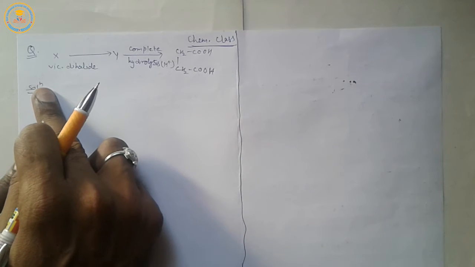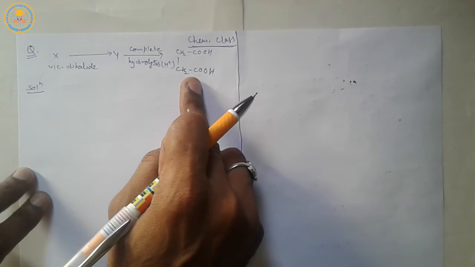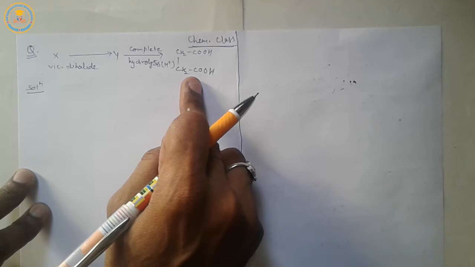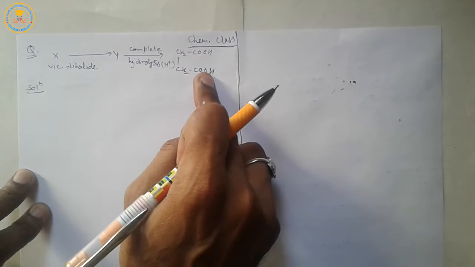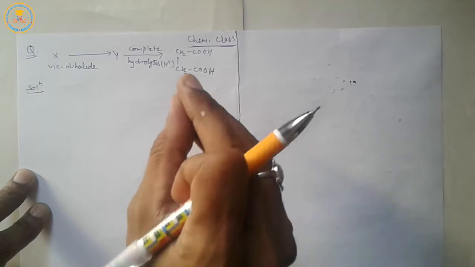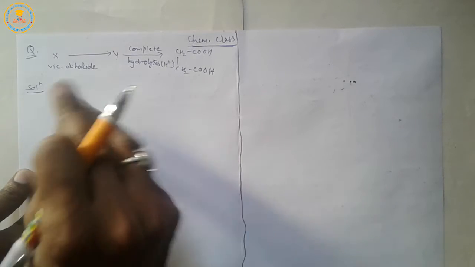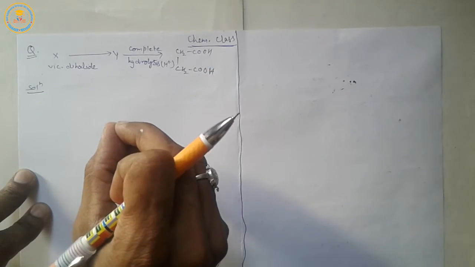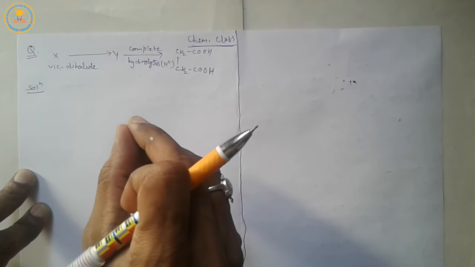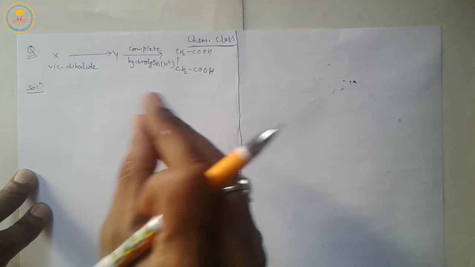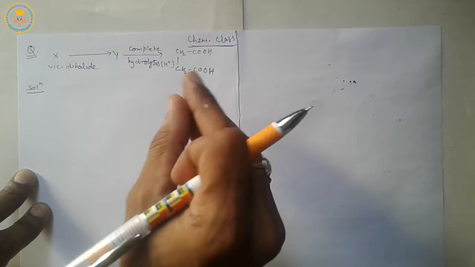The solution comes from the structure of the product, which has two carboxylic groups. So which compound gives a dicarboxylic acid from complete hydrolysis? That is a cyanide. In the previous class we have discussed it.